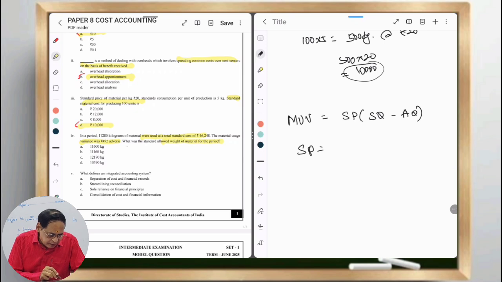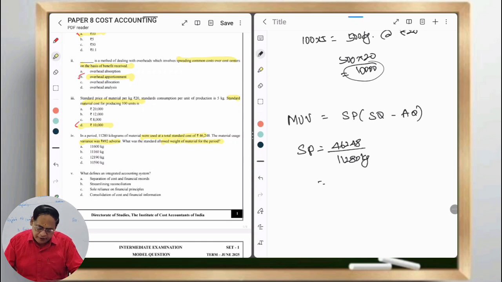So, standard price we have to find out. The total standard cost is 46,248 divided by the actual materials used, that is 11,280 kg. If we divide, we can easily find out. 46,248 divided by 11,280. So, standard price is rupees 4.10. So, we got the standard price.